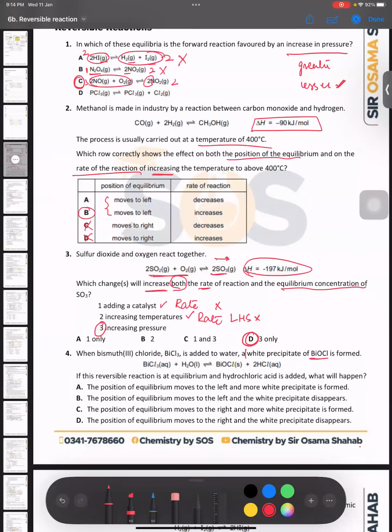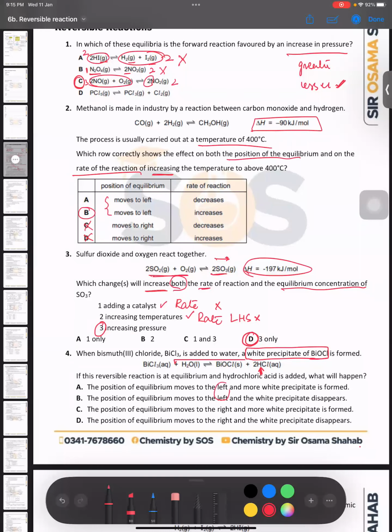You need to see that they are saying white precipitate of BiOCl forms. In this reversible reaction at equilibrium, hydrochloric acid is added. If you are adding hydrochloric acid, the reaction will move backward, right? Where will the reaction go, बच्चों? It will go backward. So they are asking what happens to the mixture, right? The position of the equilibrium shifts towards the left-hand side.